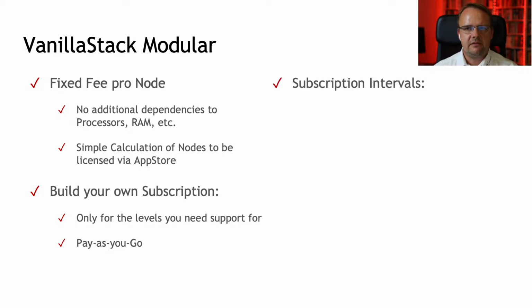Our subscription intervals for VanillaStack Modular start with a 1-month subscription. So if you just want to roll it out, you need commercial support for that, just purchase it for 1 month. After that month, you still can run VanillaStack, but you do all the support on your own. You can have it for 3 months, 6 months, 12 months.